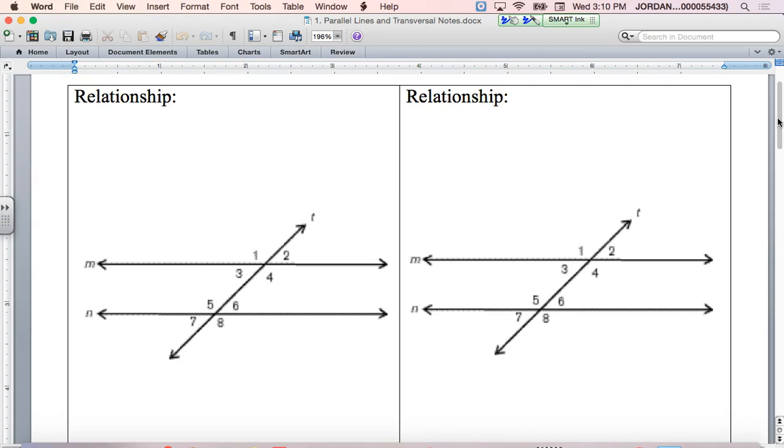So the first relationship we'll talk about that you're probably familiar with is vertical angles. And vertical angles are created when you have parallel lines cut by a transversal. Remember, these are angles that are opposite each other whenever two lines cross. So up here at the top, you've got angle 1 and angle 4.